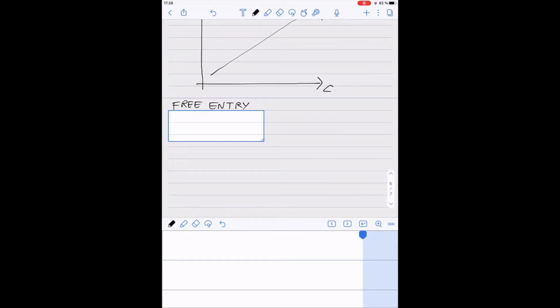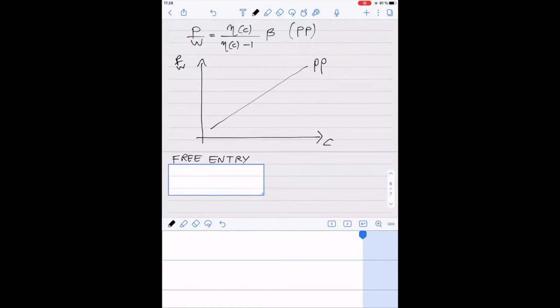And what happens is that more and more firms enter until the profits are driven down to zero. So our objective now is to write this zero profit condition, this free entry condition, and we're going to write it in a way that we can represent on a P over W, C plane.